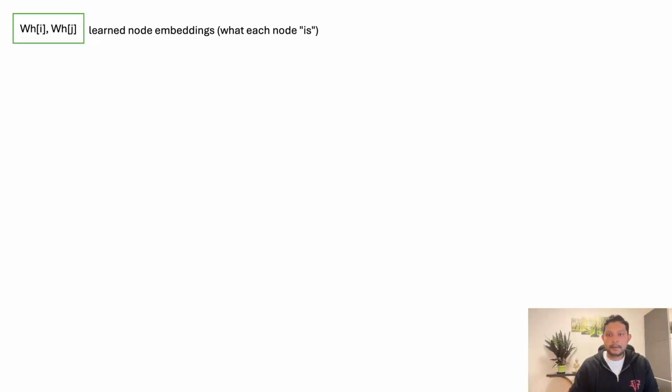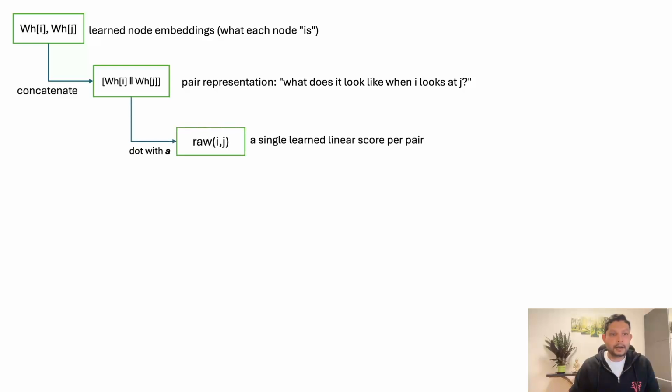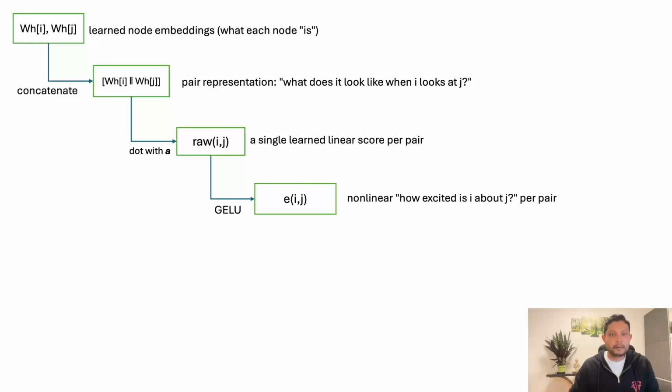Just a recap of what we have done so far. First we learned the node embedding features, then we did the concatenation, then we did a dot product with A to get the raw data, and then we put this raw data into the activation function to get the non-linearity.